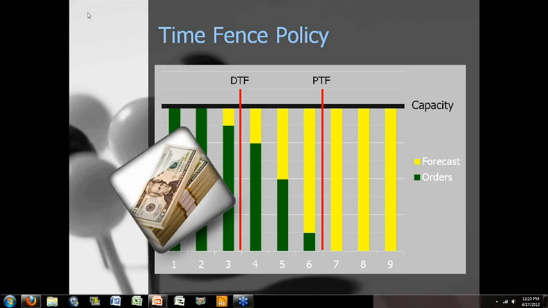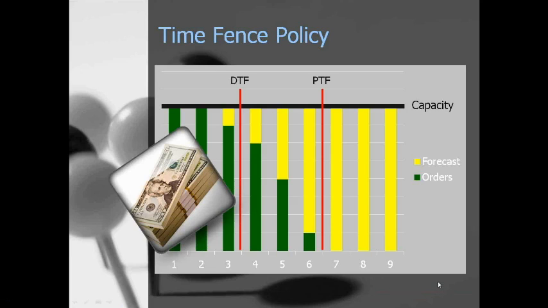All right, so if we know that the changes inside the demand time fence cost a lot of money, the policies that we need to establish are who gets to make those changes. And it's not the master production scheduler. Typically, changes inside the demand time fence are a choice between delivering this order to this customer on time or taking this customer and putting their order ahead of everybody else and delivering their order on time.